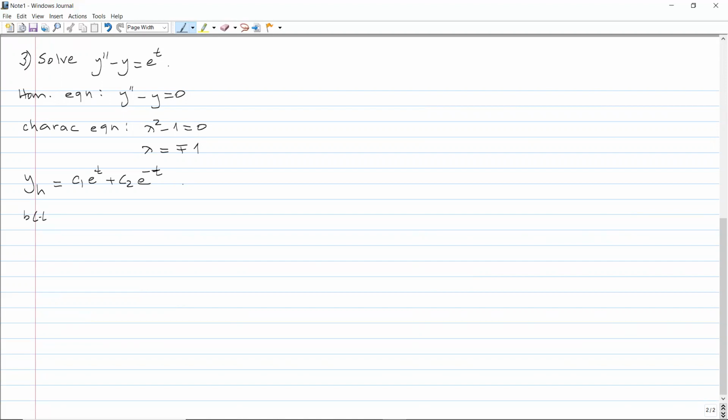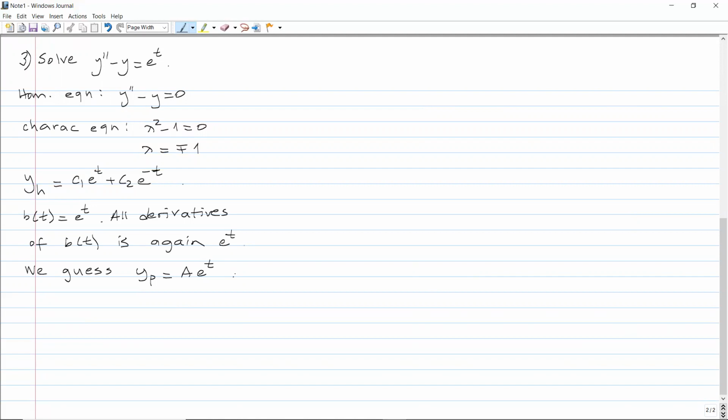Our function b of t is e to the t, and all derivatives of b of t are, again, e to the t. So we guess the particular solution to be some multiple of e to the t.